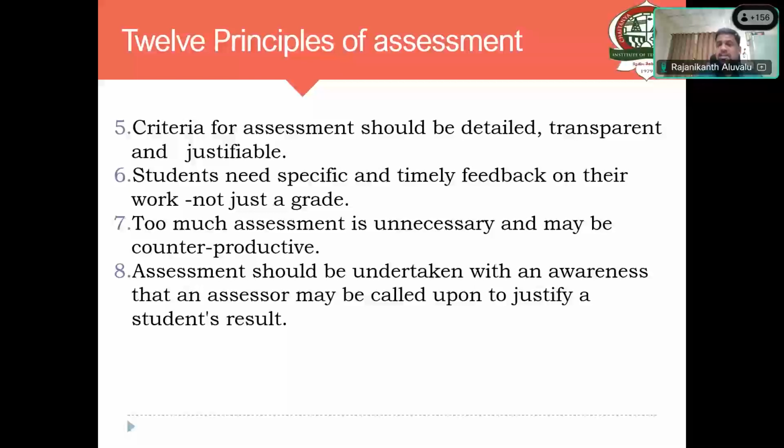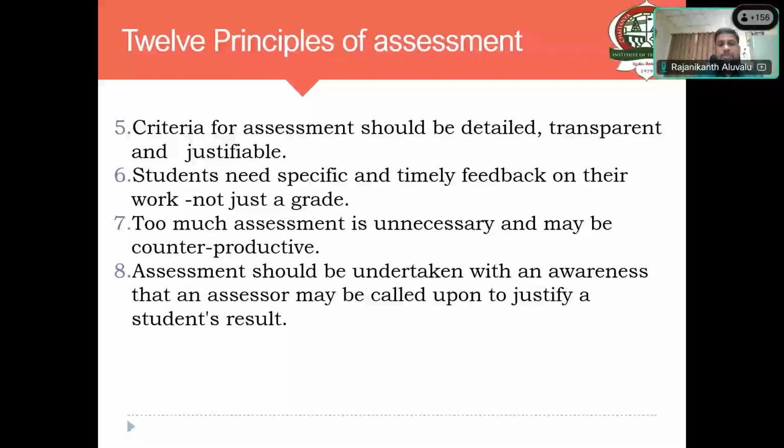That's where I said the assessments also should help in maximizing learning. Otherwise, if you spend most of the time just conducting assessments which are not helping the student for further learning, which are just helping in grading, this is nothing but wasting or not properly utilizing the valuable time of the student for his learning. So this should be avoided.